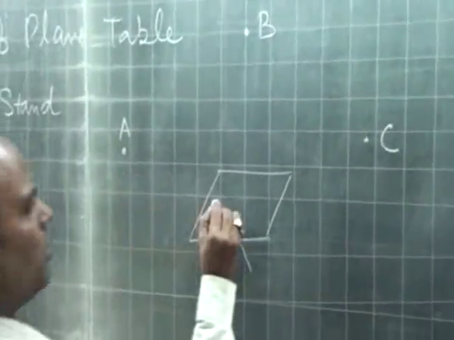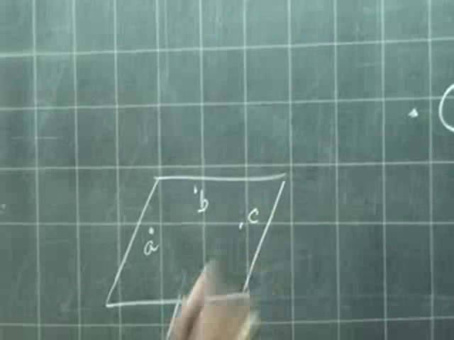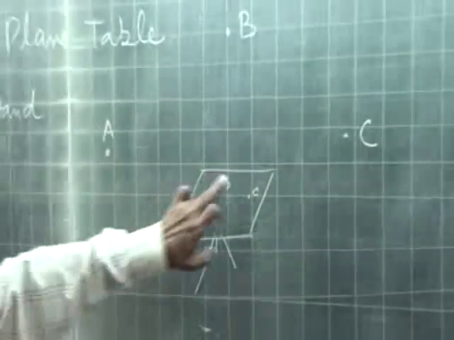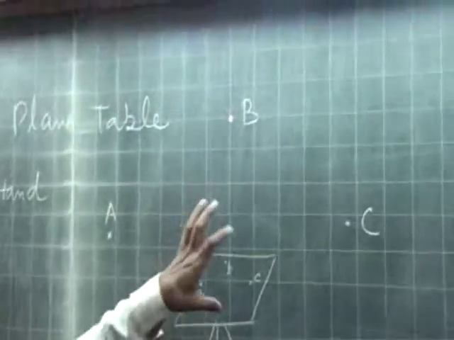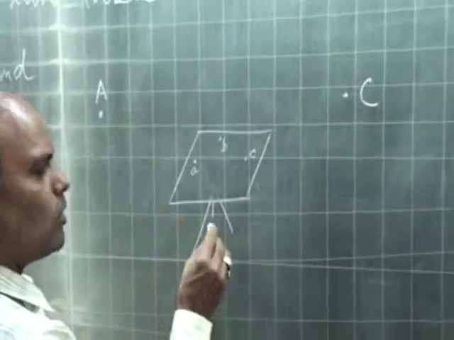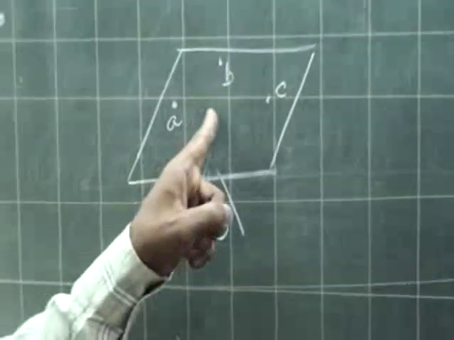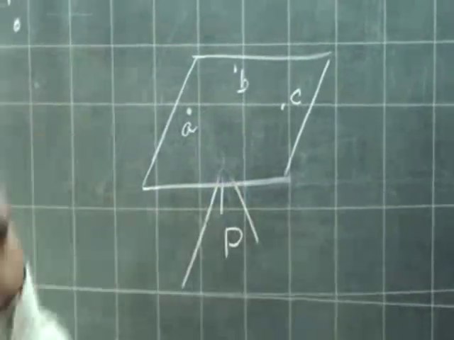Their plotted positions are, let us say, small a, small b and small c. So we know the plotted positions of these 3 points on the plane table, and we want to find out the ground point P which has been occupied by the plane table on the map on the sheet.